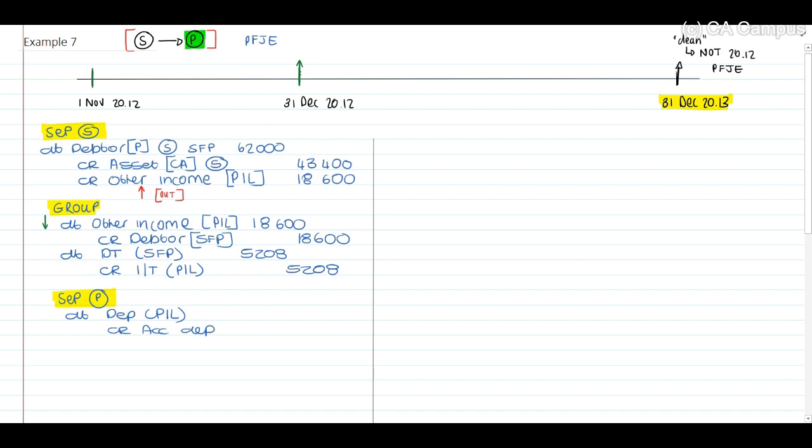Now, what is the value, guys? Remember now that the parent has recognized this asset at 62,000. But the value should only be the 43,400.